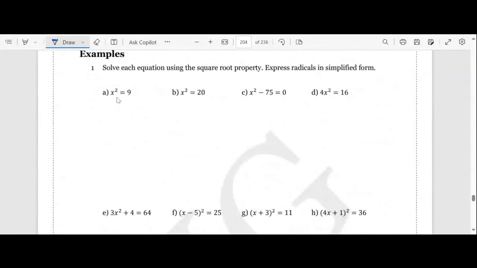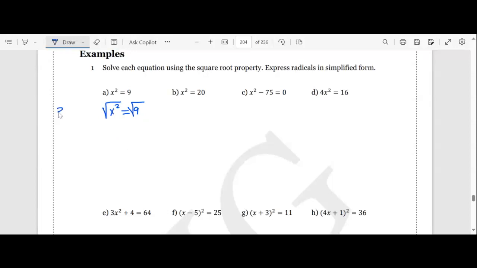Let's take an example. Solve each equation using the square root property. Express radicals in simplified form. Okay. First one is x squared equals 9. To get rid of the square, I have to take the square root of both sides.